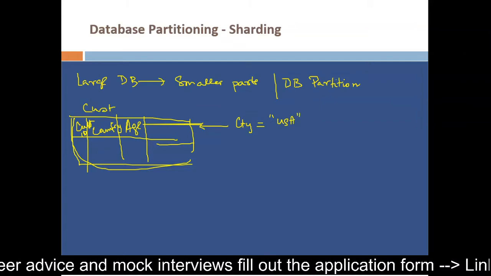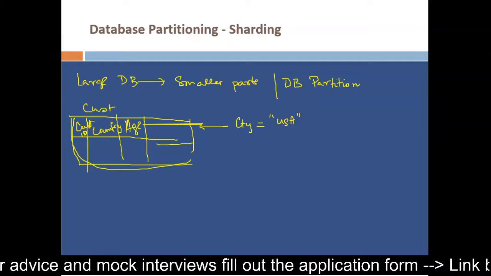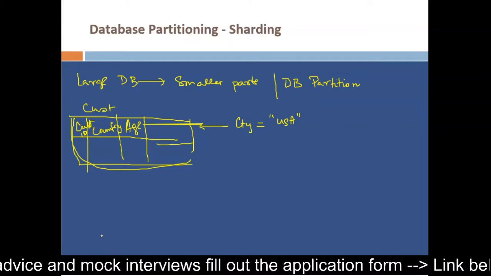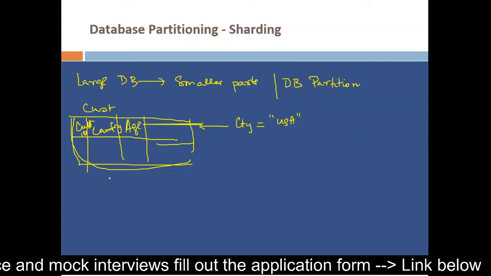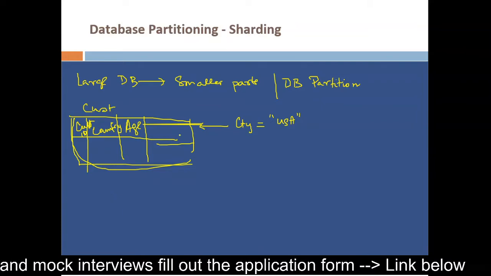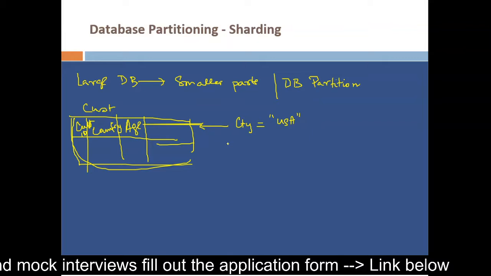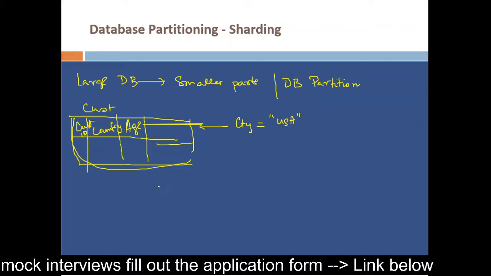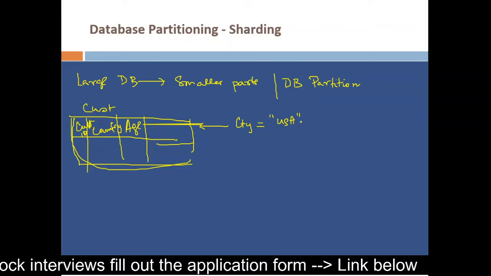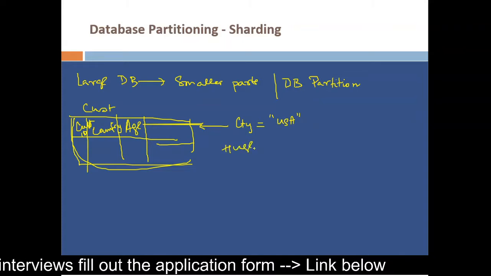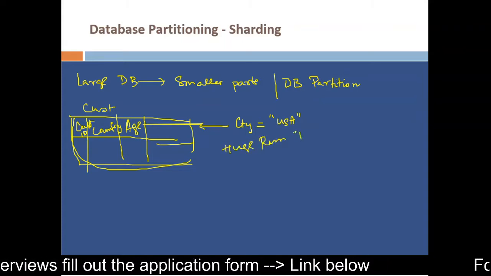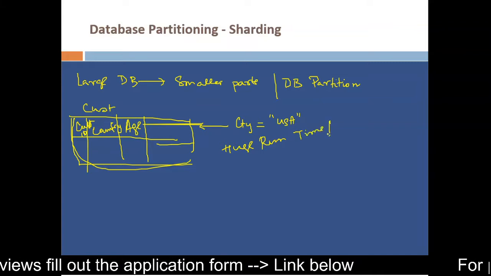Now imagine that you have this entire table for all the customers across all the different countries from all particular regions of the world. Now if you were to query on this particular table and just pick up customers who belong to country USA, that would definitely take a huge run time, and that is not exactly what you want, right?